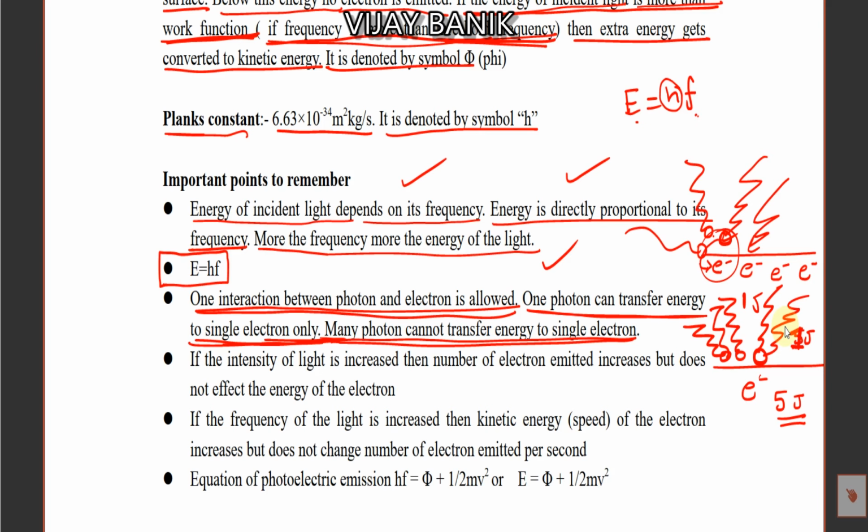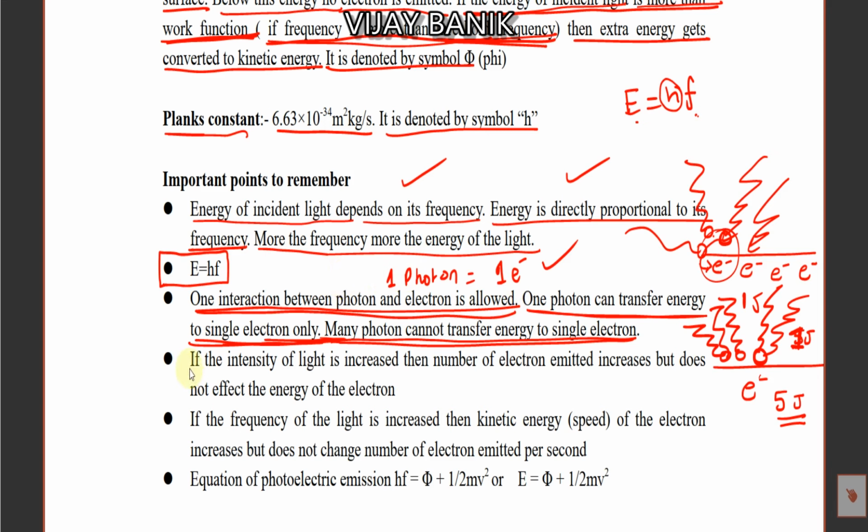You guys will not chip in. This is just like that. Only one interaction. There was a deal between me and him. You guys are not involved. So one photon can emit only 1 electron. Remember that. 5 photons cannot emit 1 electron. Only one photon can emit one electron.